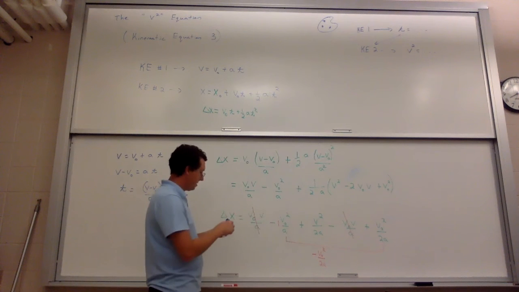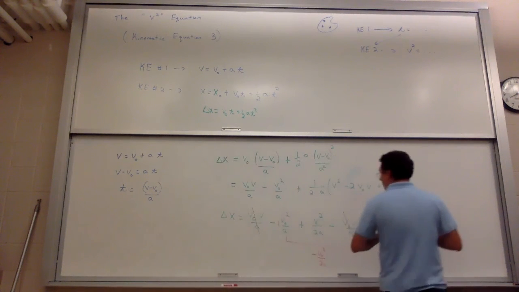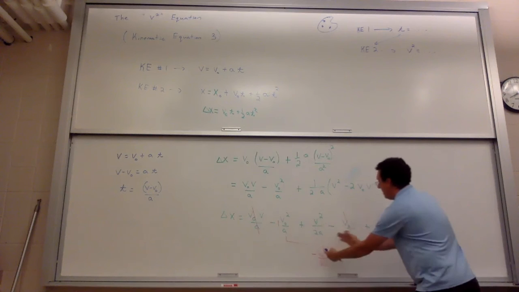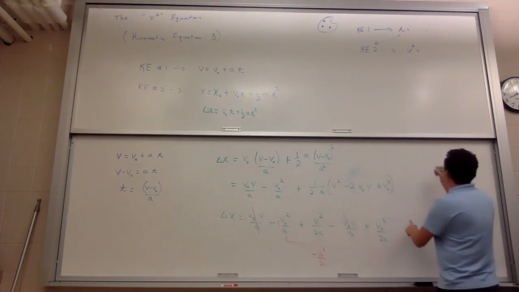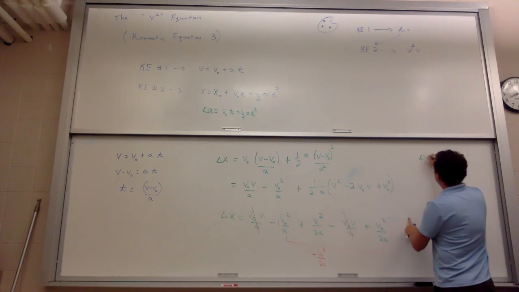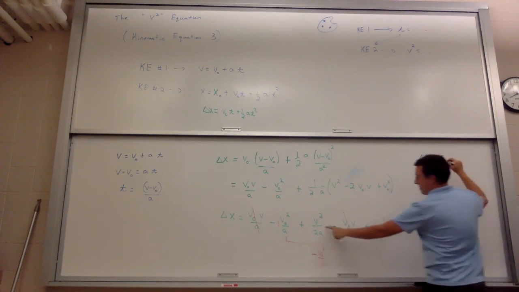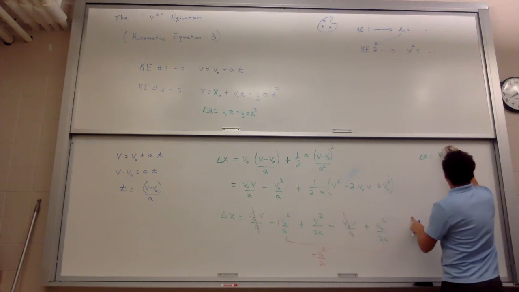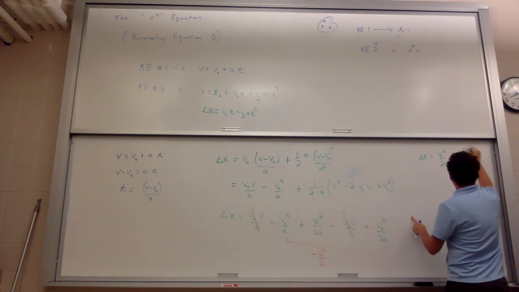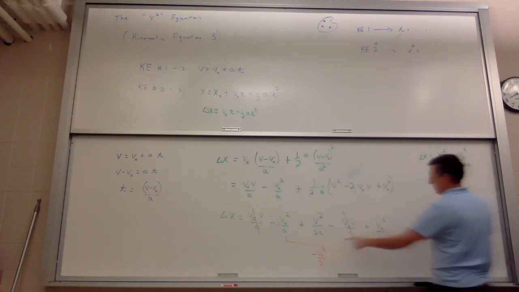So now we're basically there. I'm just going to rearrange these, combine these terms that I can, and I have that delta x equals, let's write the positive term first, V squared over 2A minus V initial squared over 2A, right?